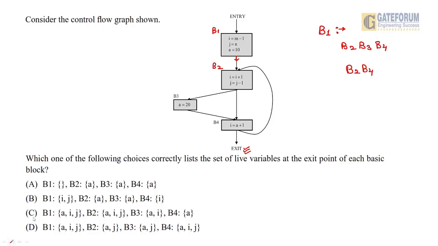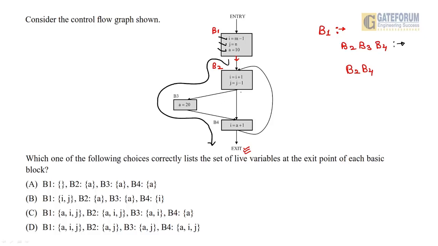Okay, now we need to check the live variables. So see, if B1 is going to follow this path, in B1 there is a variable I, variable J and variable A.